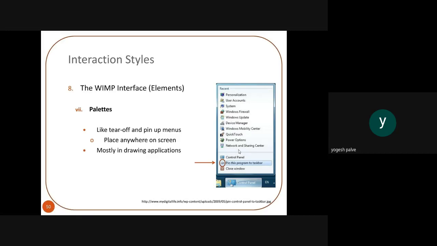So it is shown in front of the user, so he can easily understand which particular application he is currently using. Then he can place it anywhere on the screen, and mostly in drawing applications, like a paint kind of application, the user can easily use the palettes over there.